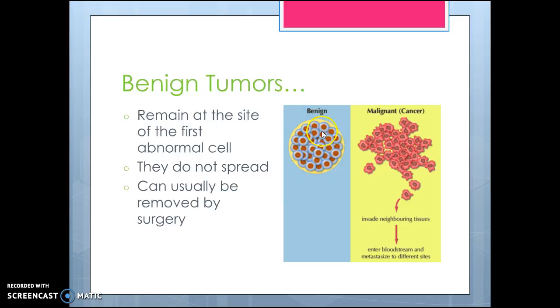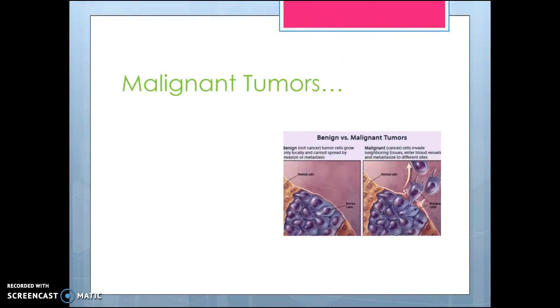Okay? Compare that to the malignant cancer, and you can see here where the malignant cancer spreads. It goes into neighboring tissues, it goes into the bloodstream and also your lymph system, and metastasizes, or travels, to different sites. So to finish up, malignant tumors spread to other areas other than the first site.